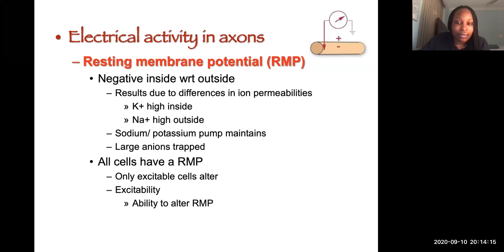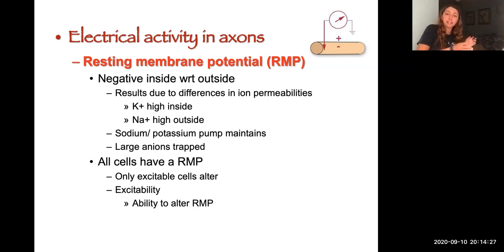So the next PowerPoint slide is basically explaining the resting membrane potential: potassium is high inside the cell and sodium is high outside the cell, and the sodium potassium pump maintains that.